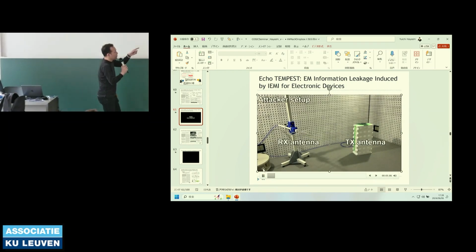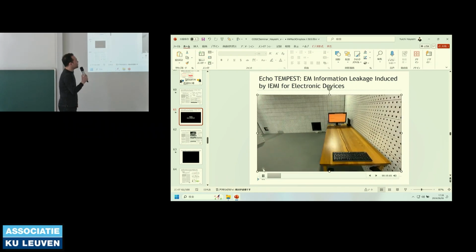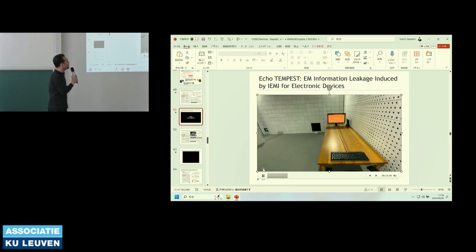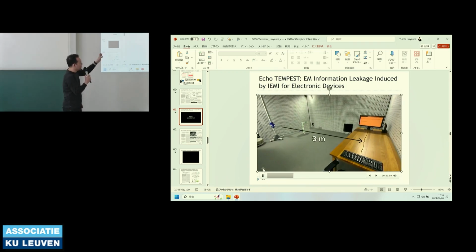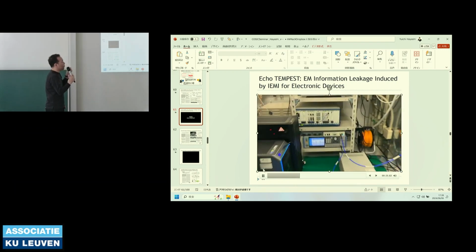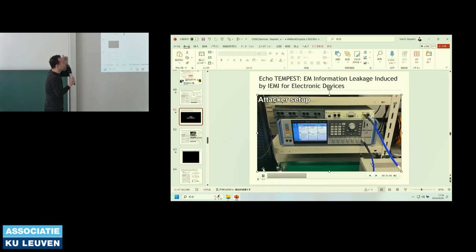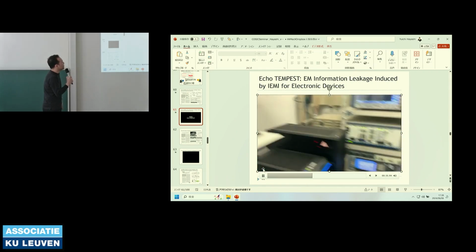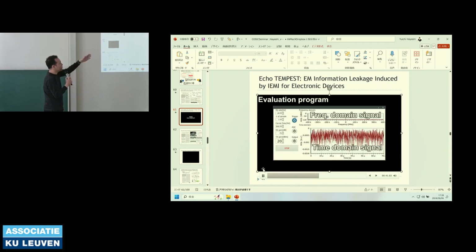Okay, this is the TX and RX antenna. This is the target keyboard connected to the PC. The attack distance is 3 meters. We can control the attack distance depending on the irradiation power. This is a signal generator and the software-defined radio. This is an amplifier. Much power is required for this attack. So there is no leakage.